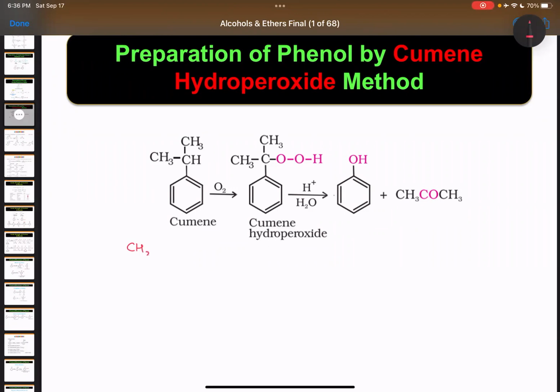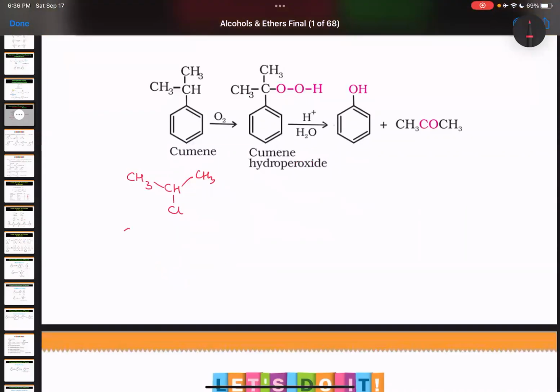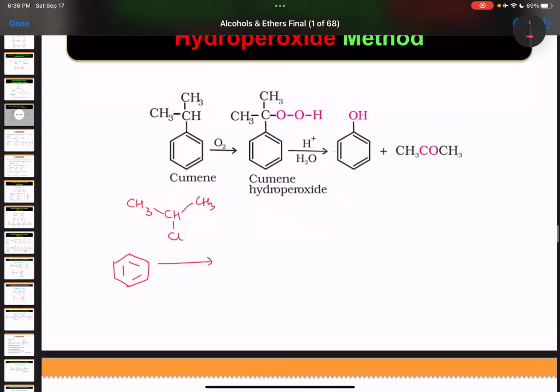we can prepare it by many ways. We can take isopropyl chloride, benzene, and what do we need to take along with it so that we can end up with cumene?